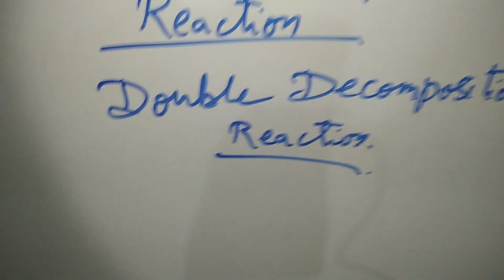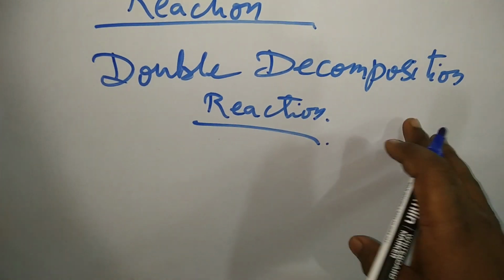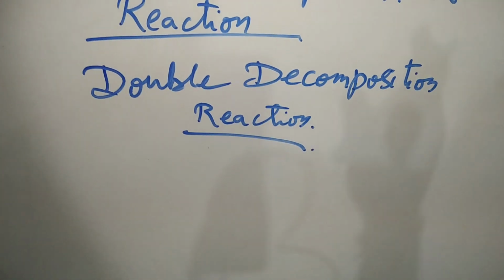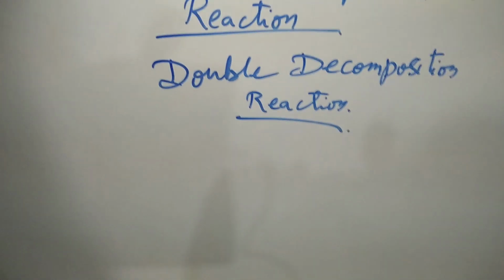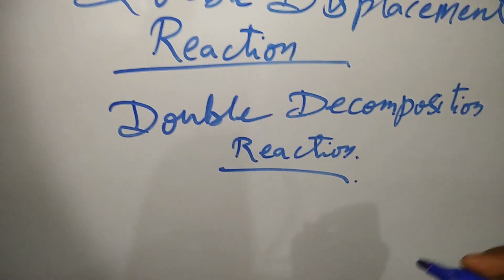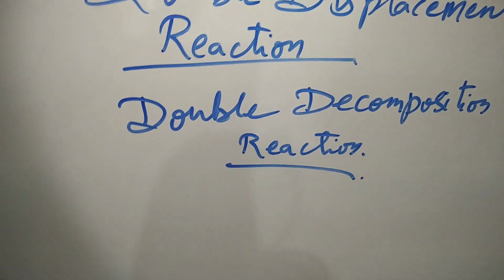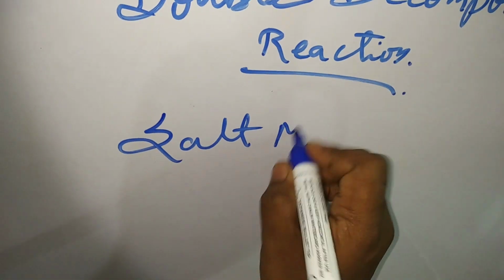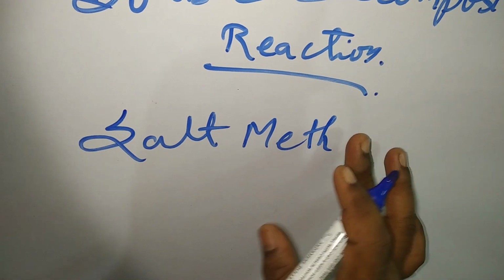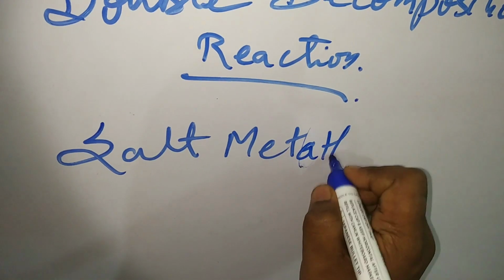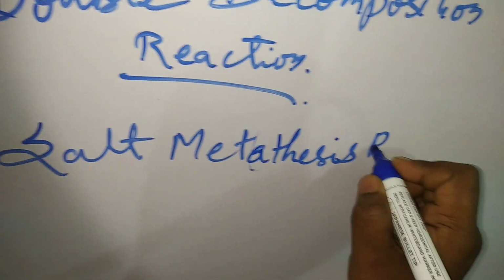Okay students, I will say later in this video why double displacement reaction is also known as double decomposition reaction. But there's another name for double displacement reaction, that is salt metathesis reaction.